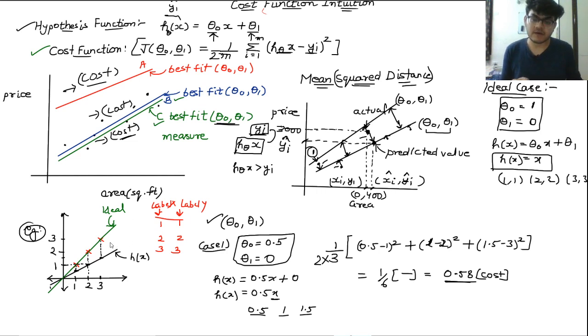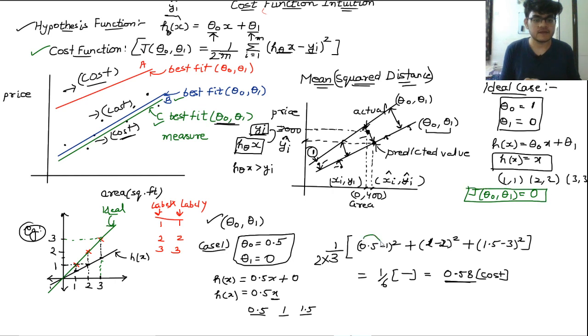Since it is passing through all the data points, it is best fitting our data. So now let's see what the cost will be in the ideal case. We are again going to find the difference of this and this. You will observe that when you apply this formula, this calculation, the cost will be 0.